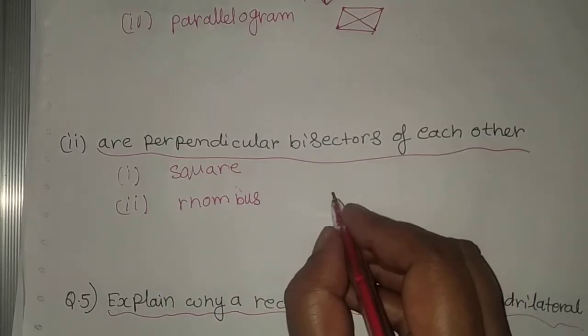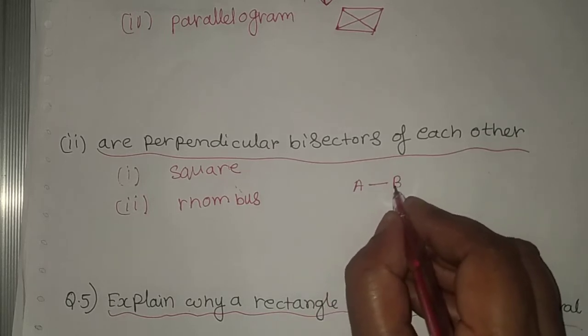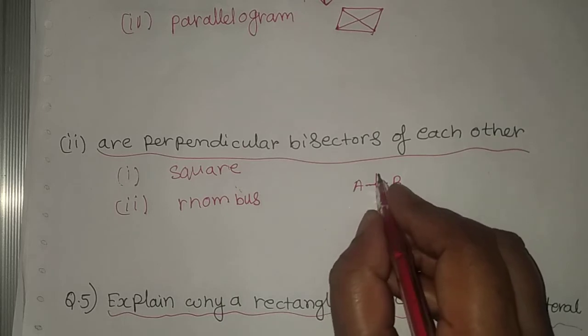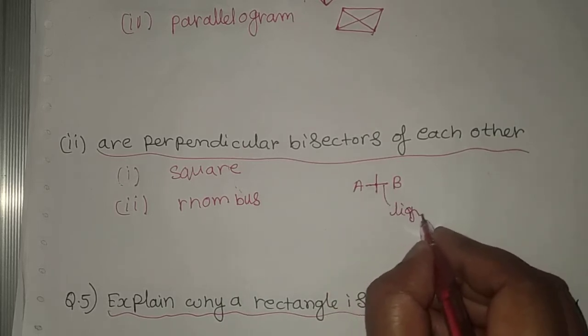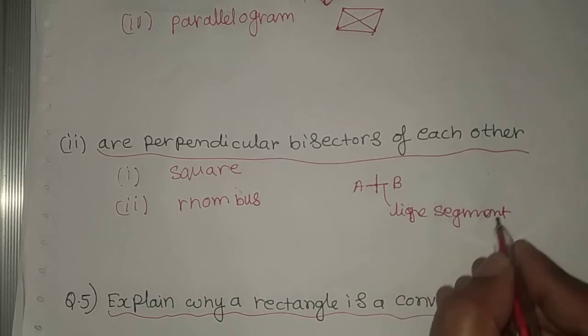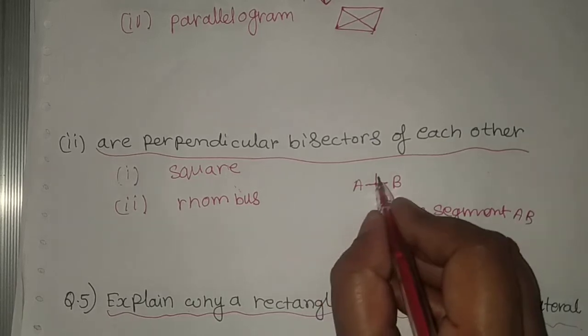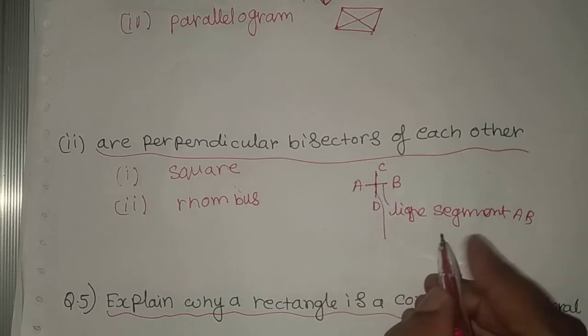For example, consider this as a line AB, and this one is a point, and this is a line segment. AB is called a line segment, and this line is CD. So this is called a perpendicular bisector.